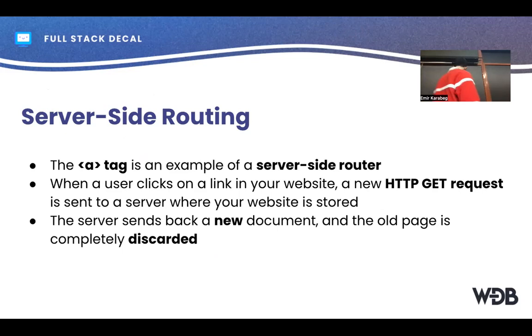Just imagine we're using our browser here, and we're sending a GET request to some server here. When we send this GET request with a new URL, the server tries to find that URL wherever it's stored, and it's going to send us back an entirely new web page.